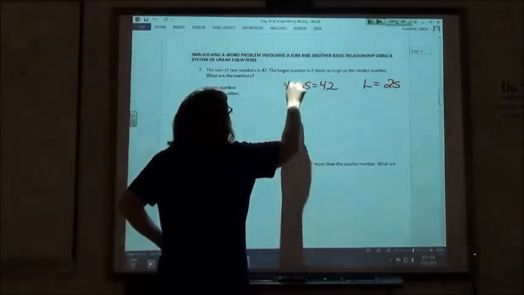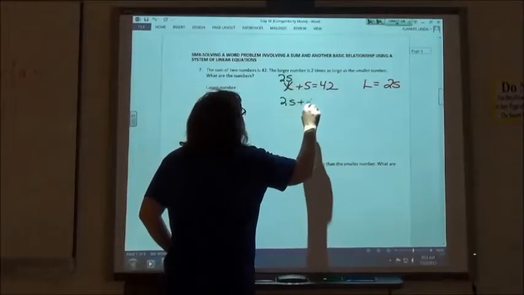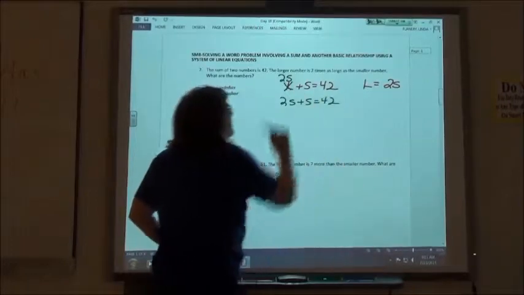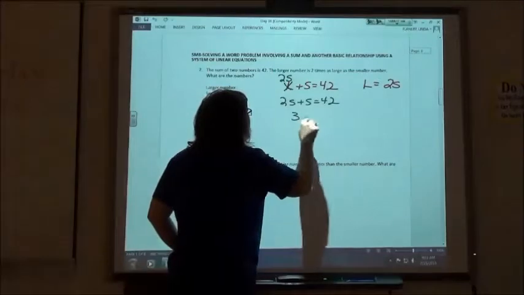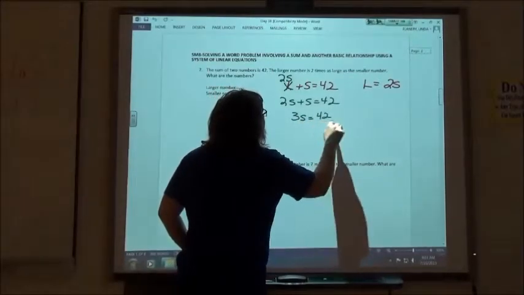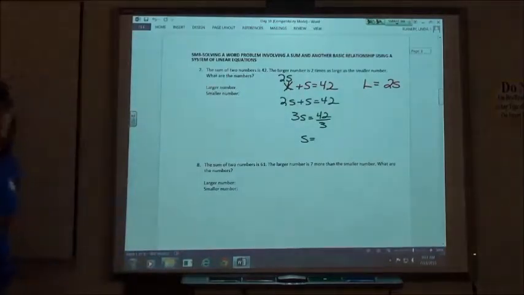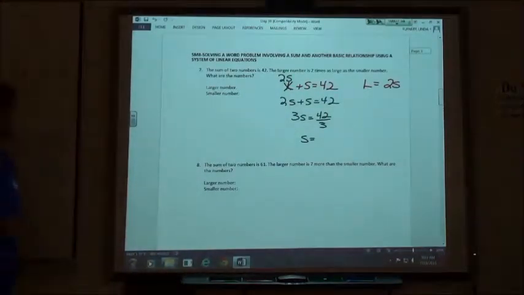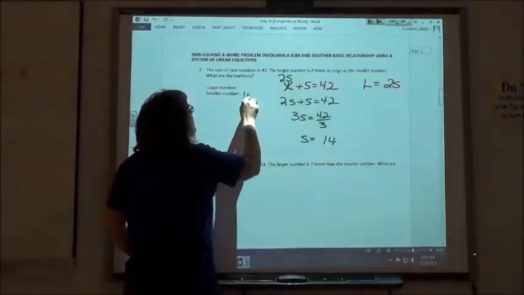So we're going to replace the L with our 2S and say 2S plus S equals 42 then. 2S plus S would be 3S equals 42, and when I divide by 3, S is equal to what? 14.